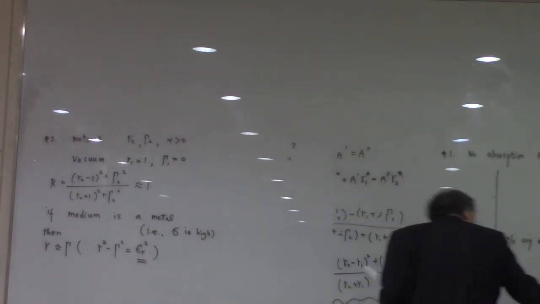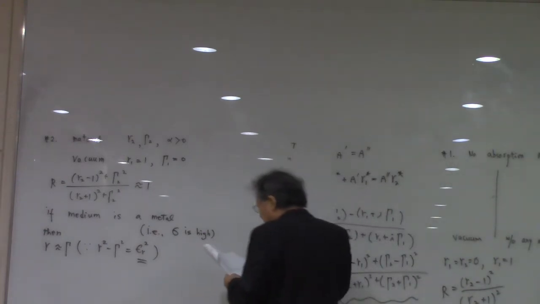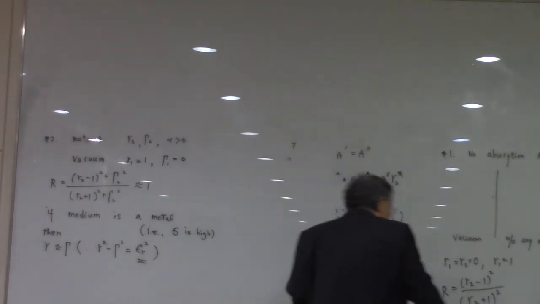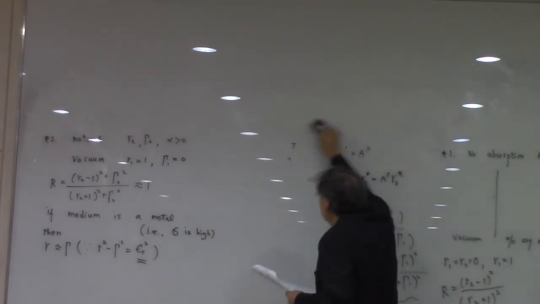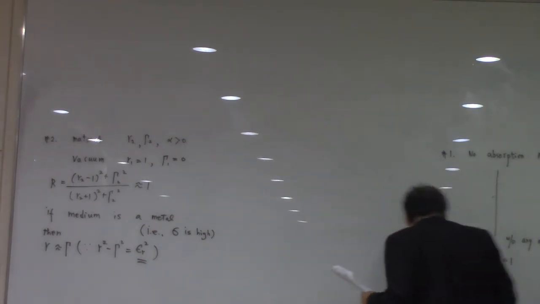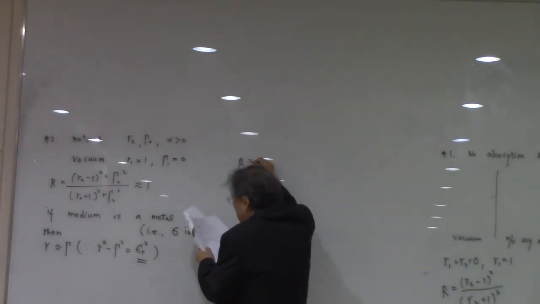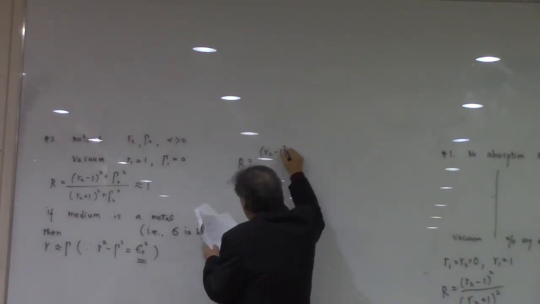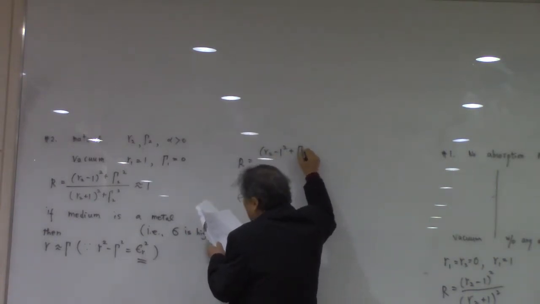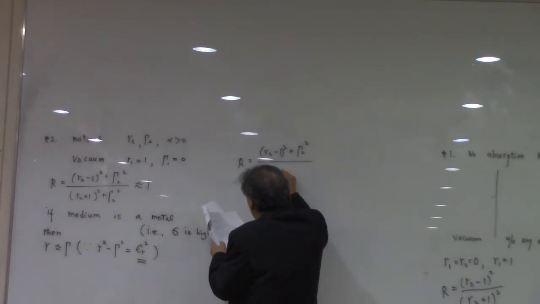So in this case, you're going to have a situation like R equal to (R2 minus 1) square plus gamma 2 square over (R2 plus 1) square plus gamma 2 square.